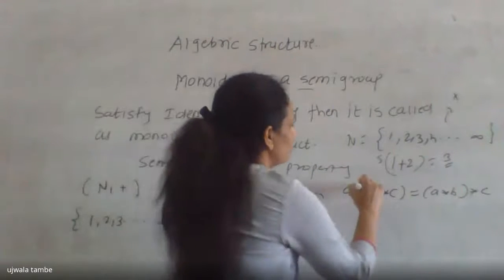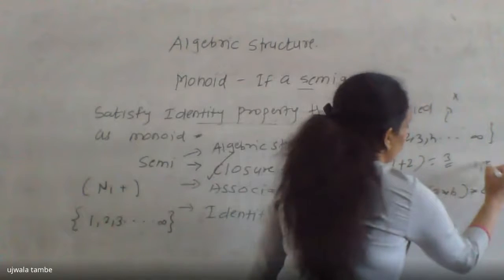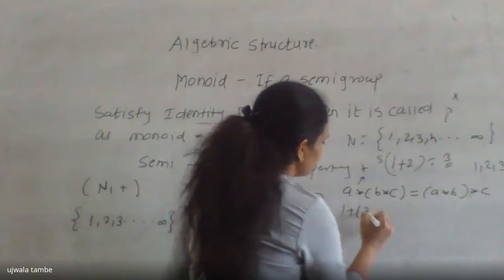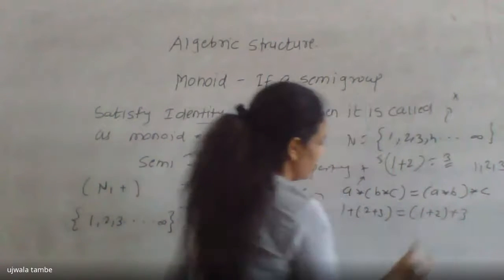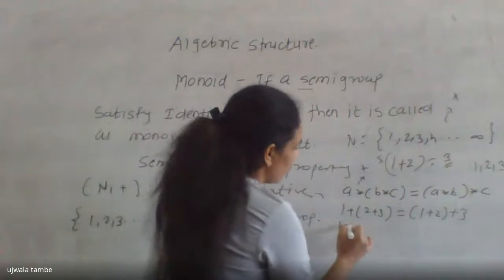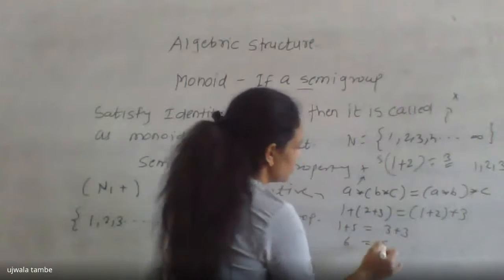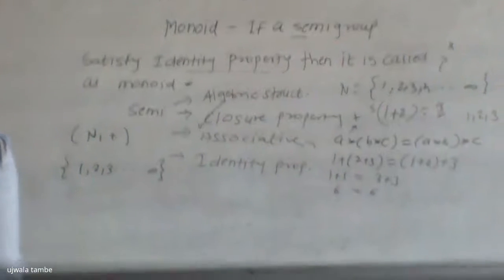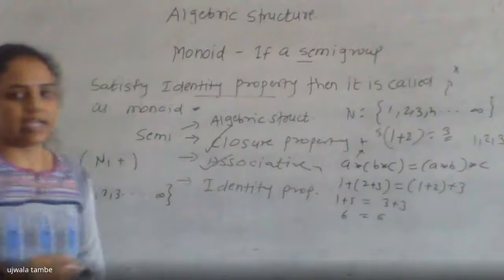For this scenario, our operation is addition, and if I pick the numbers 1, 2, 3, then it becomes (1 plus 2) plus 3 equals 1 plus (2 plus 3), right? So it gives me 3 plus 3 equals 1 plus 5. So this becomes 6 equals 6. So this satisfies the associative property as well.